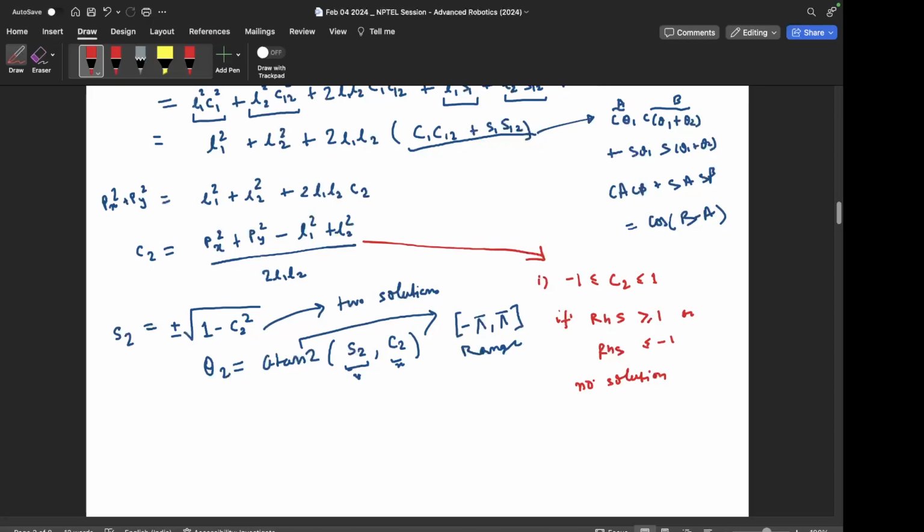So in this case, when it's possible that the thing at the top is greater than 1, right?